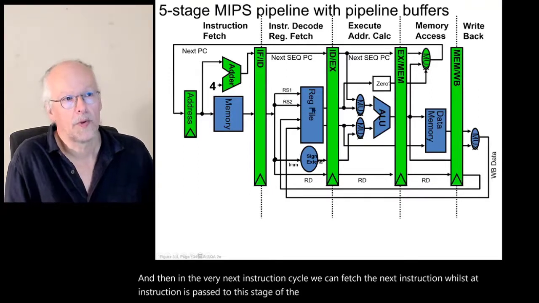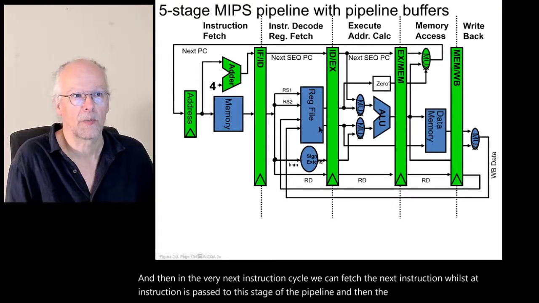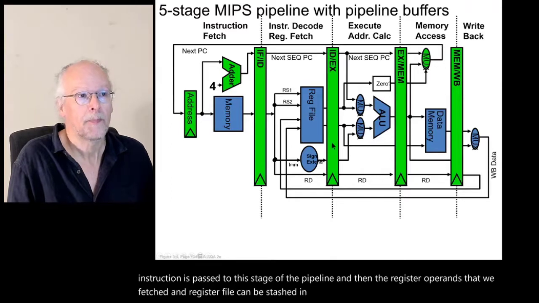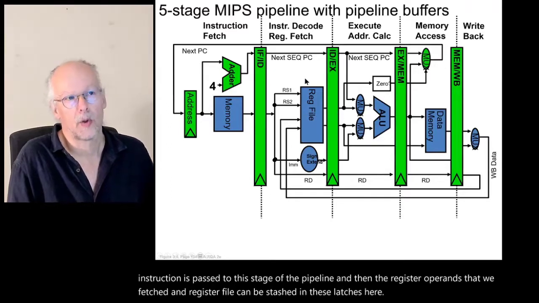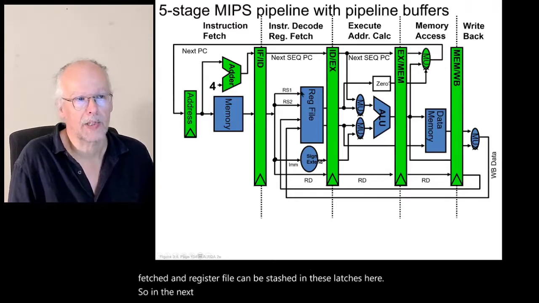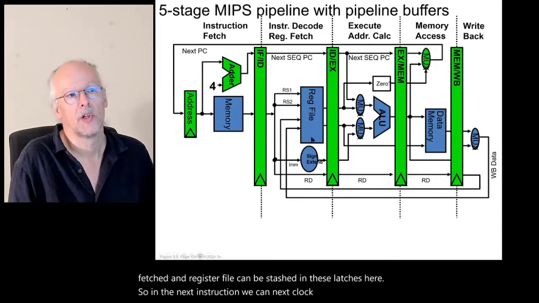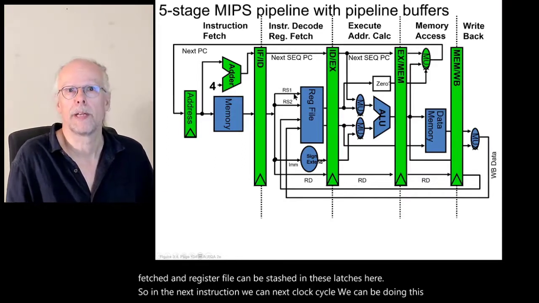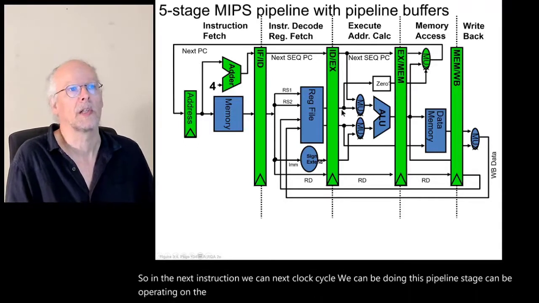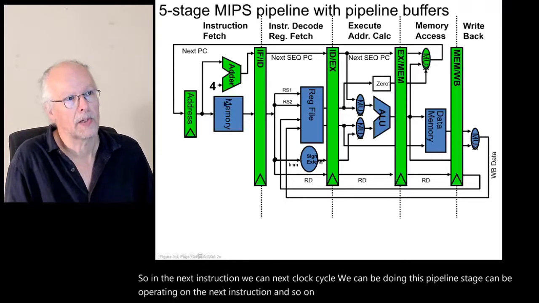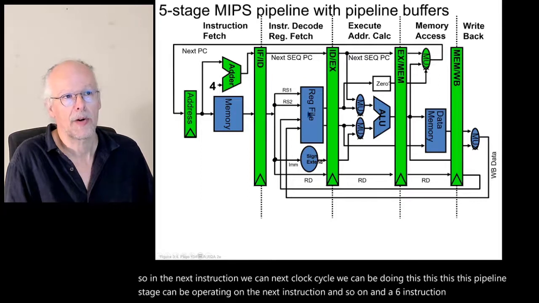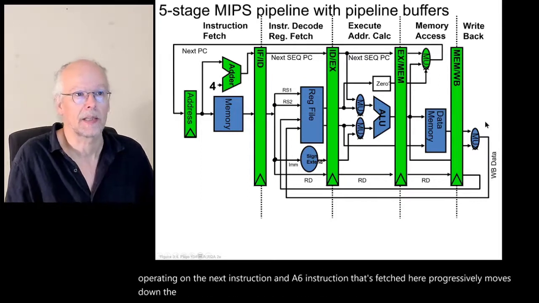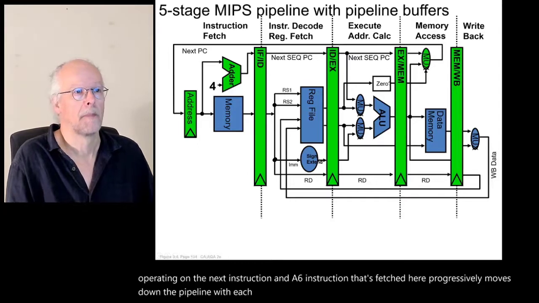And then the register operands that we fetched from the register file can be stashed in these latches here. So in the next clock cycle, this pipeline stage can be operating on the next instruction, and so on. And an instruction that's fetched here progressively moves down the pipeline with each successive clock tick.